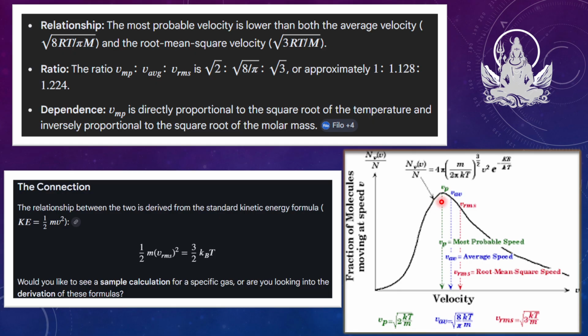Is it most probable velocity, average velocity, or the root mean square velocity? That itself is a question.